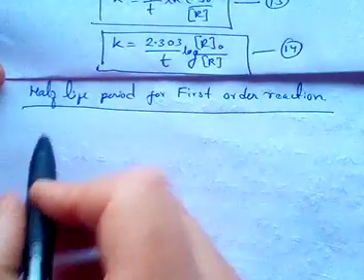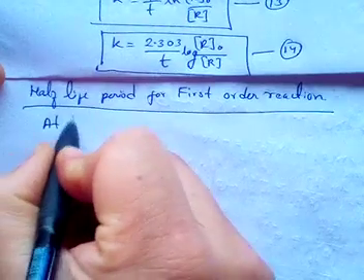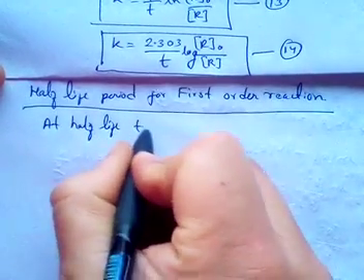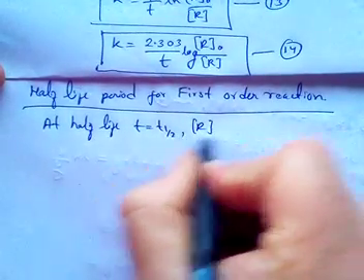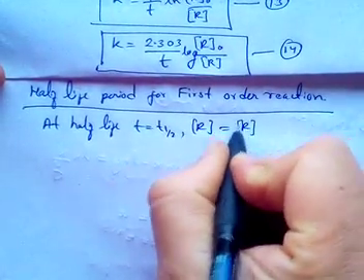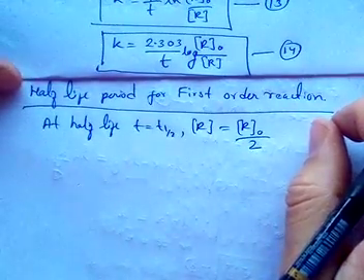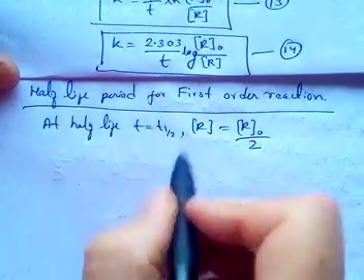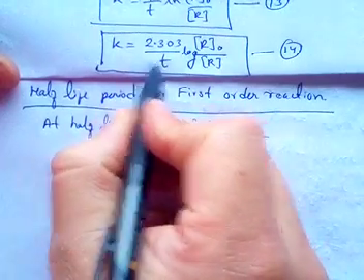Next is the half-life period for the first order reaction. At half-life, that is t equals t1/2, the concentration of r is r0 by 2, right? So we'll use this equation. We'll keep t here and k here.